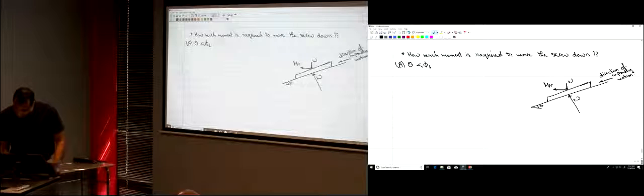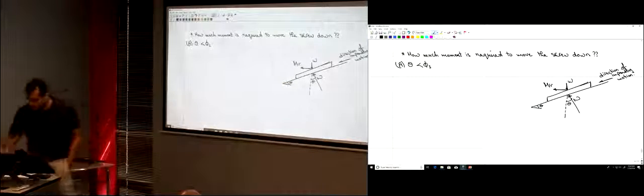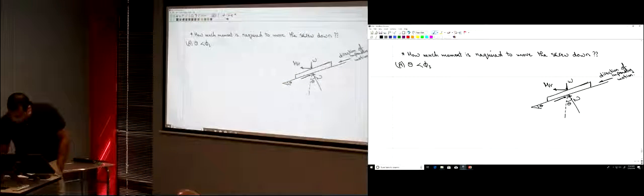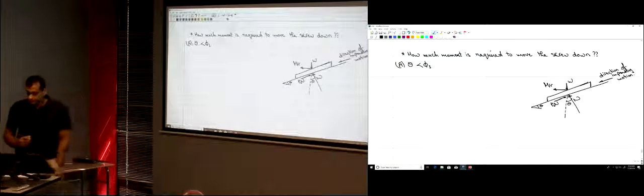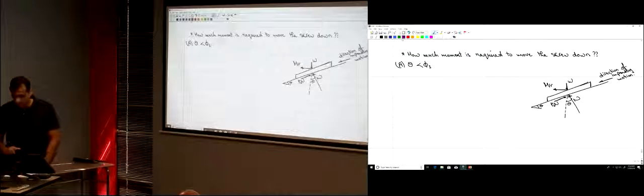If this angle here is theta, what's the direction of impending motion? This wants to move down, right? So the frictional force is in this direction, which is mu_s N. And now you have the resultant force R. Why is it here, not here?